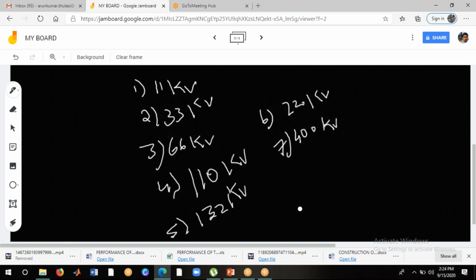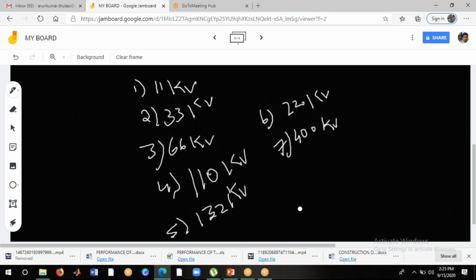So these are the different voltage levels carried by the transmission system. These 7 voltage levels are carried by the transmission system. In that, the transmission system is classified into 3 types: short, medium and long transmission line.